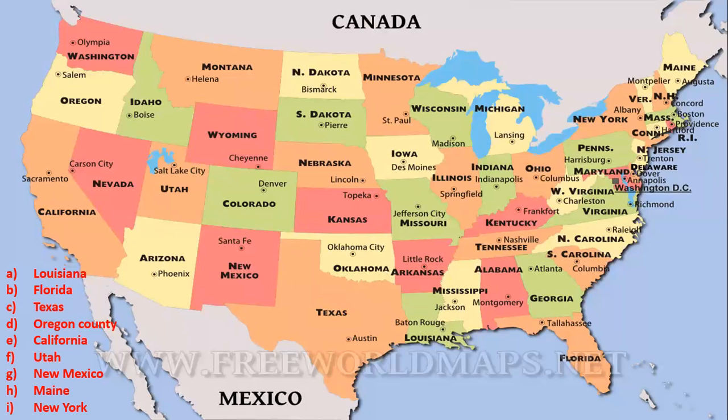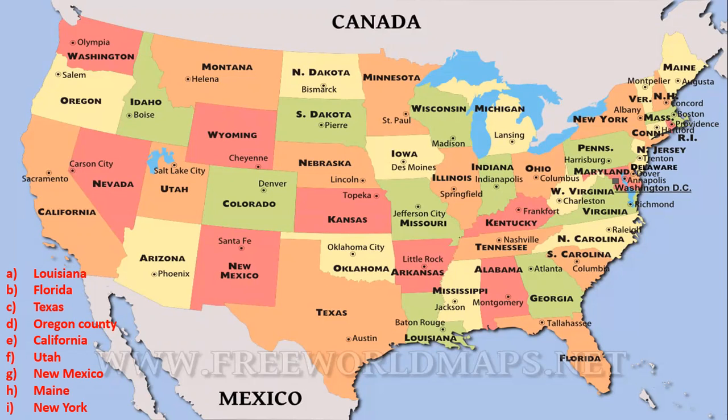So Louisiana, it was purchased from France in 1803. Florida was purchased from Spain in 1819. Texas was annexed in 1845. Oregon assigned to USA by a treaty with Great Britain in 1846.